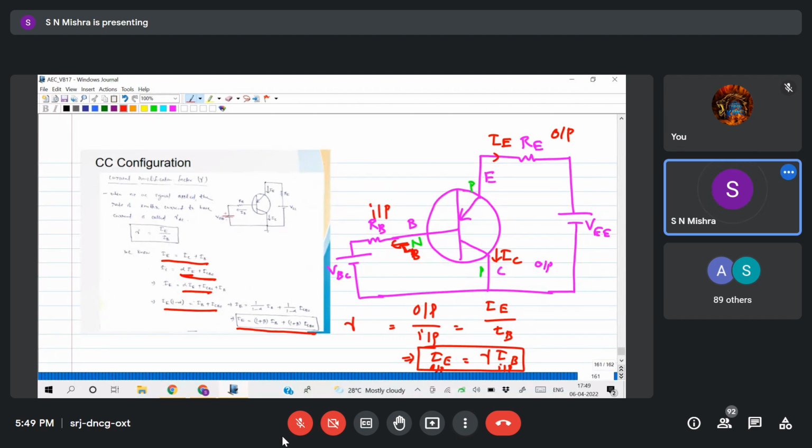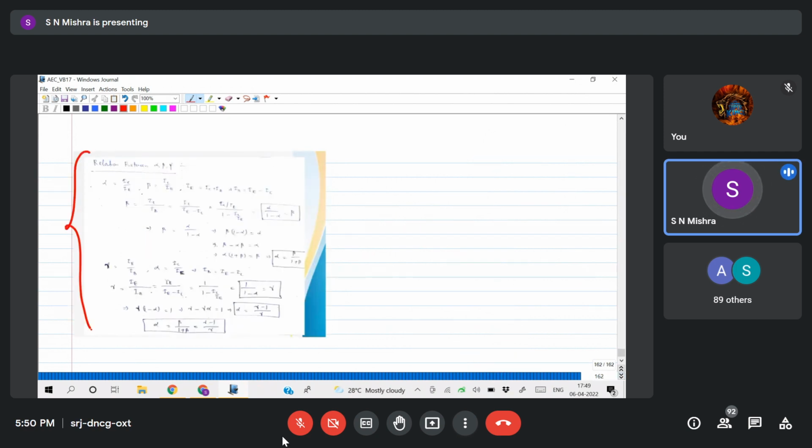Okay. So using all these equations, whatever I have explained here, will come in the exam as numerical. Next class, we'll discuss the alpha, beta, gamma relationship and some problems related to these equations.